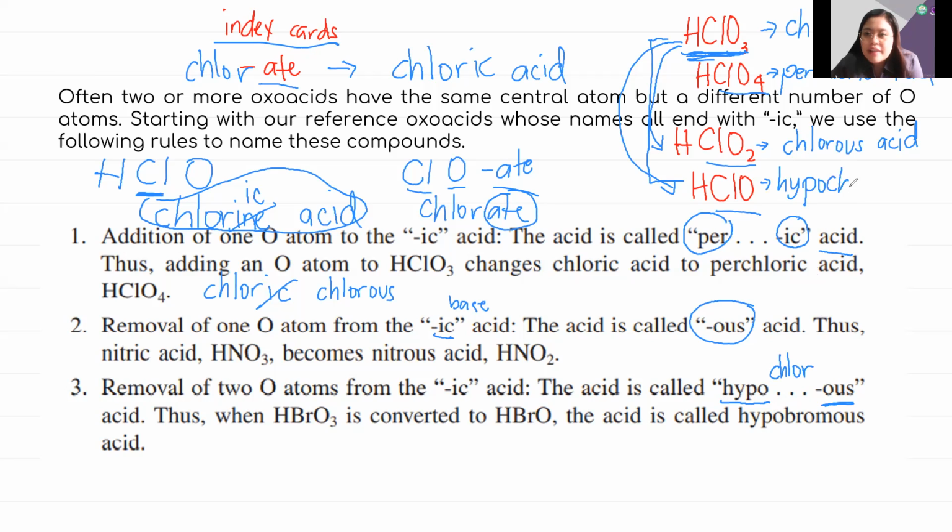So like this one, hypochlorous. And then still you have the acid. So that's how you name the oxoacids with the same central element. Ang kaibahan lang nila is yung number of oxygen. So, medyo confusing, no? I hope nag-take note kayo.